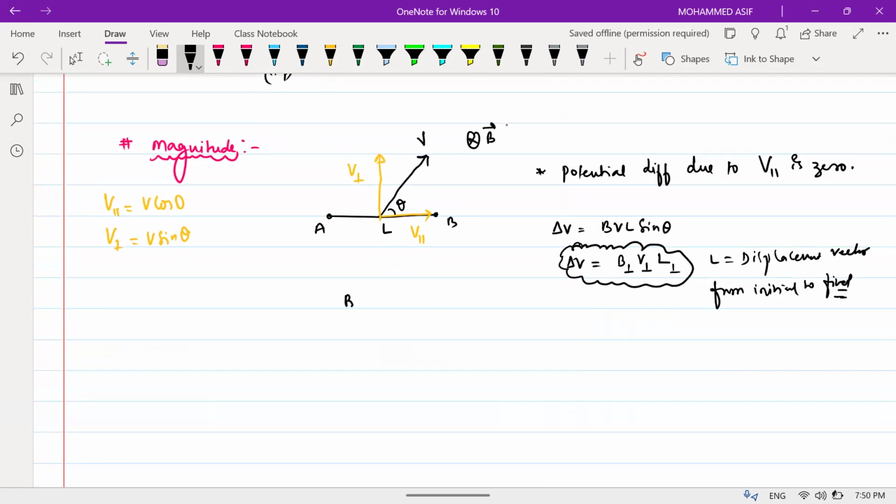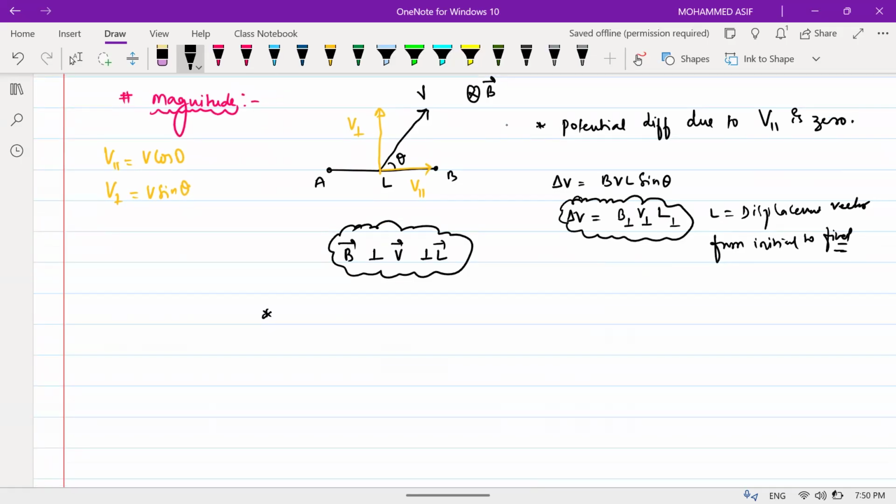That means the magnetic field should be perpendicular to velocity. Velocity must be perpendicular to the length. If all three are perpendicular to each other, then only potential will be there. If any two are parallel, then what is the potential difference? There is no EMF. When there is no EMF, there is no current.